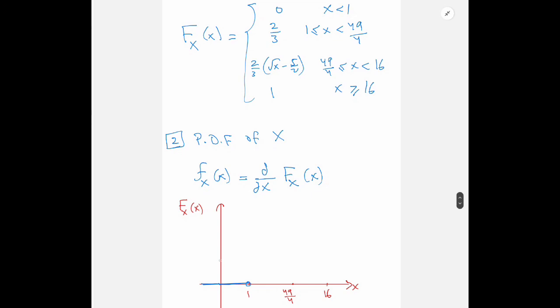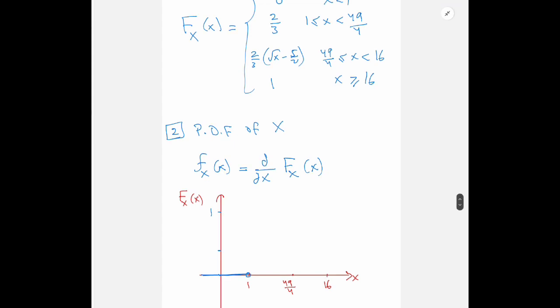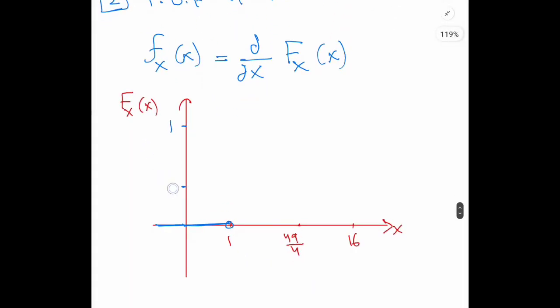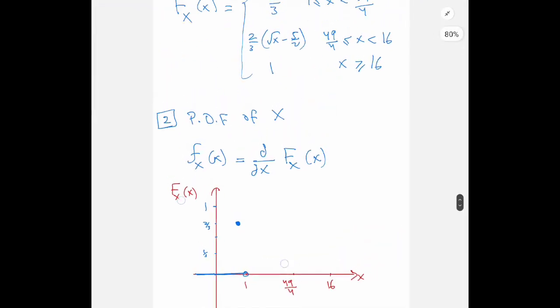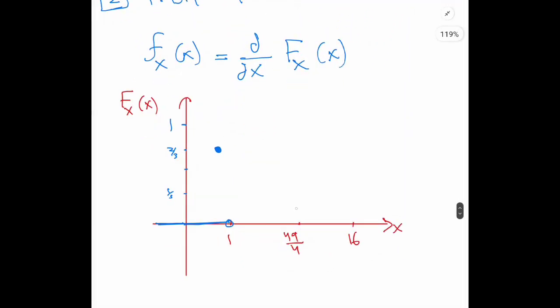So this is 2/3, of course, the maximum one being 1. So in this case, we have this closed at 1. It's 2/3 up to 49/4, where it's open.